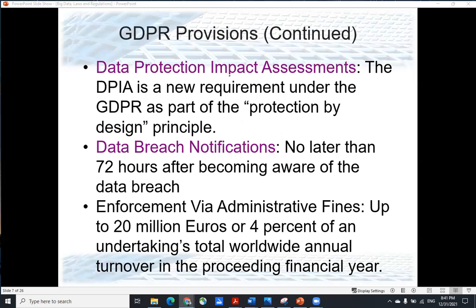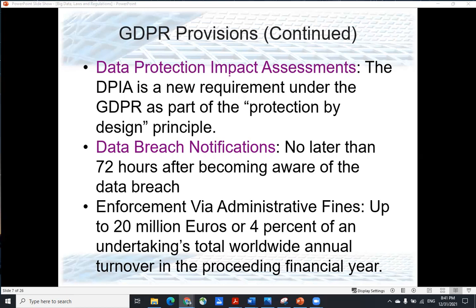Okay, so now there's the data protection impact assessment, or DPIA. This is a new requirement under the GDPR, which did not exist under the 1995 data directive. It is part of the protection by design principle, and it basically requires companies to conduct a data protection impact assessment.